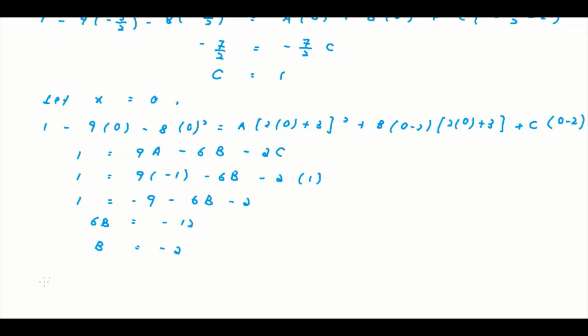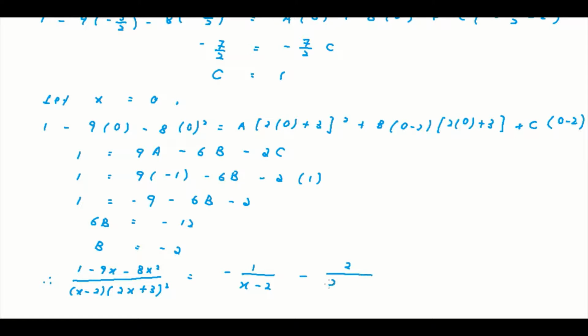So same thing, rewrite again your whole fraction. 1 minus 9x minus 8x squared divided by (x minus 2)(2x plus 3) squared. Okay, so put in your A, which is negative 1. So it will be negative 1 over x minus 2. And then minus, your B is negative 2, right?